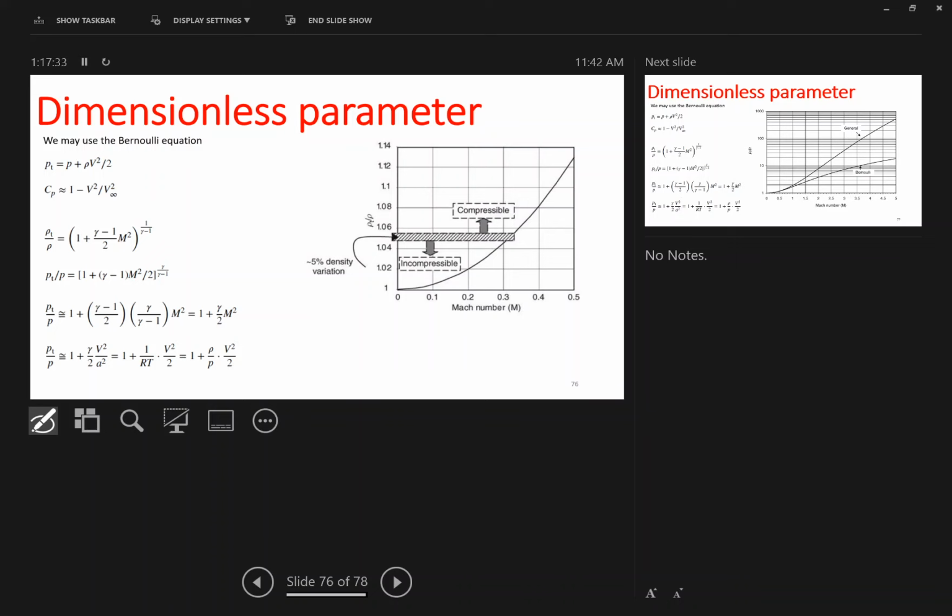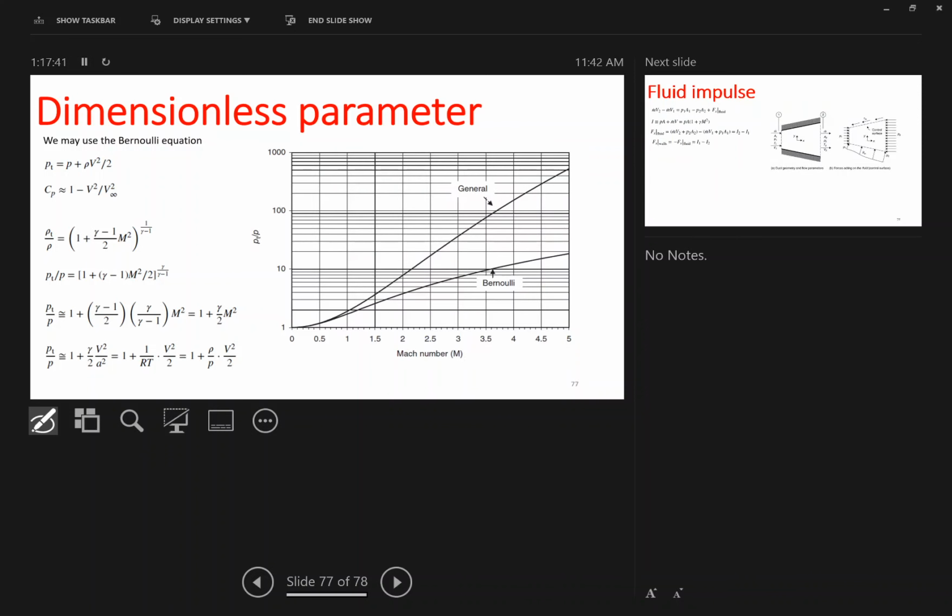We can use Bernoulli's equation and find simpler relationships for the pressure ratios. We cannot use these relationships for the compressible cases because the density ratio is going to become so high.